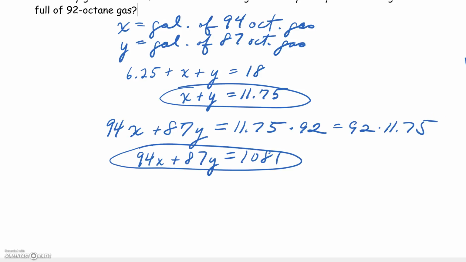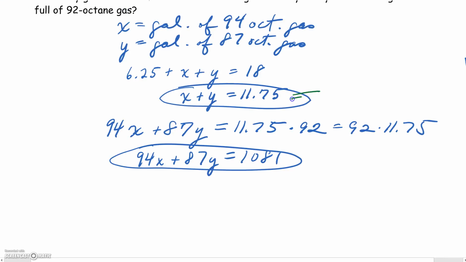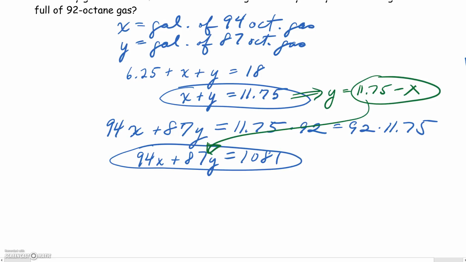Now, this particular system of equations lends itself to being solved using substitution. So to do that, I'm going to go up to the x plus y equals 11.75, and we're going to solve for y. y is equal to 11.75 minus x. That can now plug in for y in the second equation.